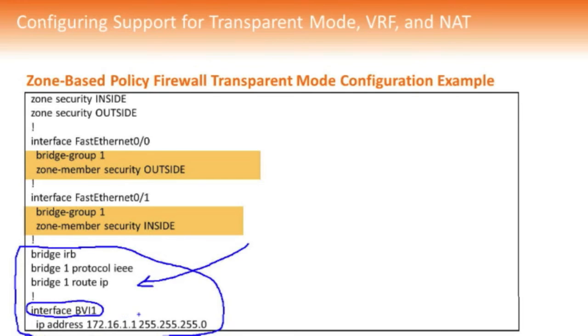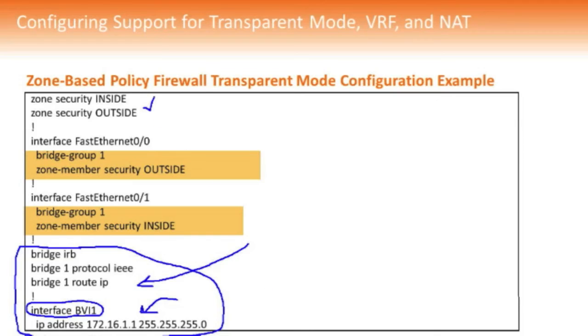This bridge virtual interface is going to get an IP address, and then we're ready to rock and roll with the transparent mode configuration. Notice, once you've got the integrated routing and bridging set up, you're not doing anything all that special.